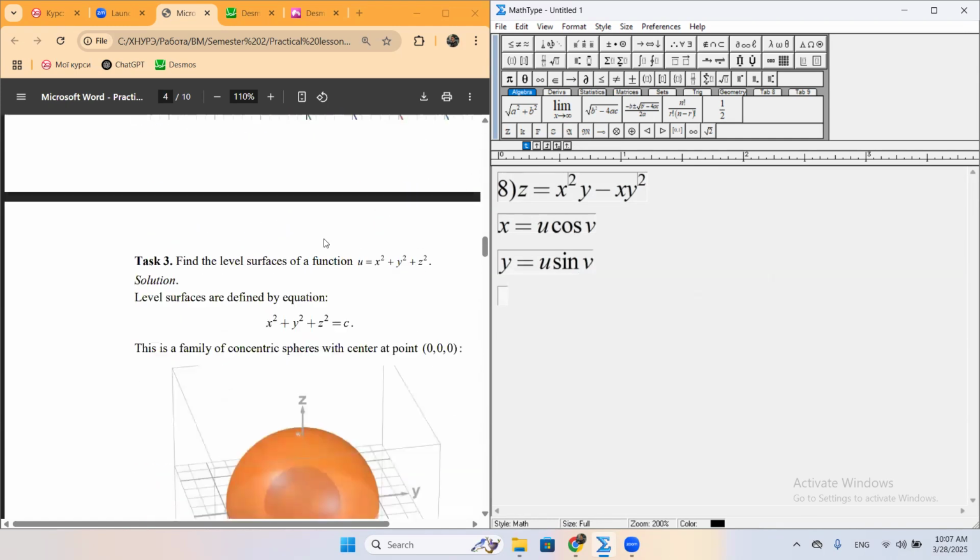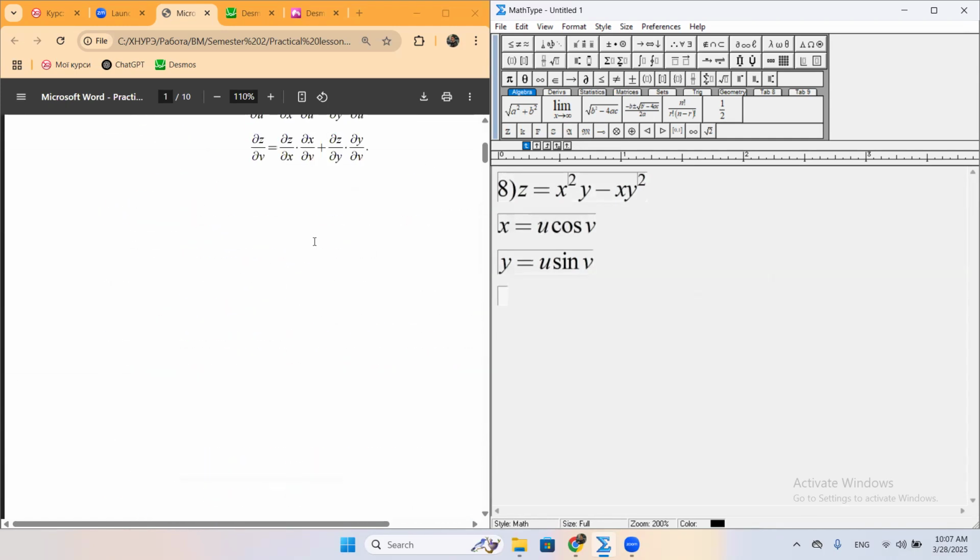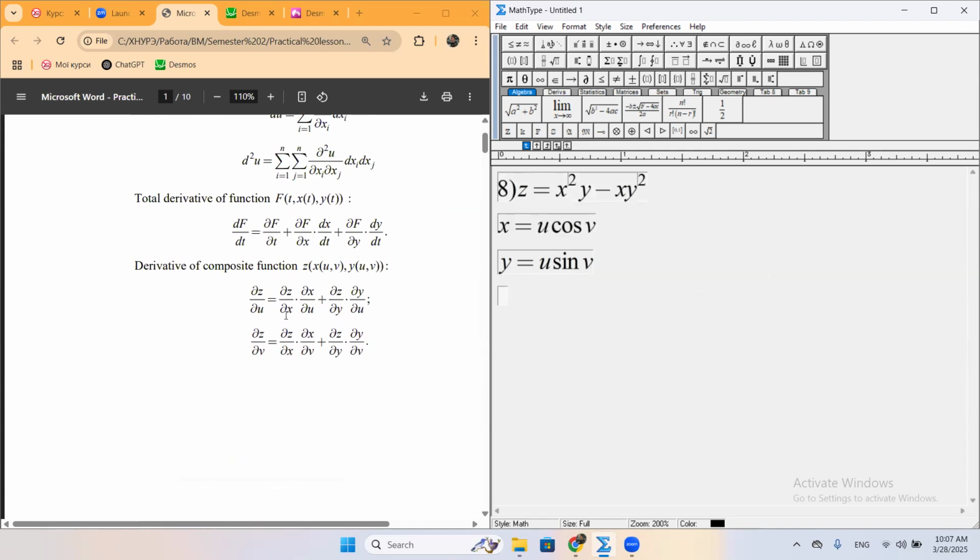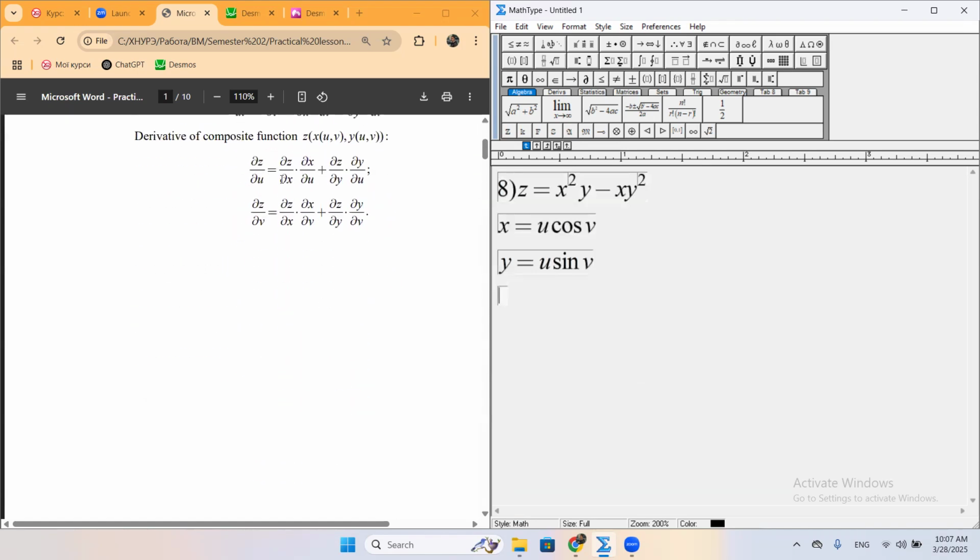So let's use the formula for the composite function. How to use this formula? For dz by du, I need to find the derivatives of function z by these inner variables.